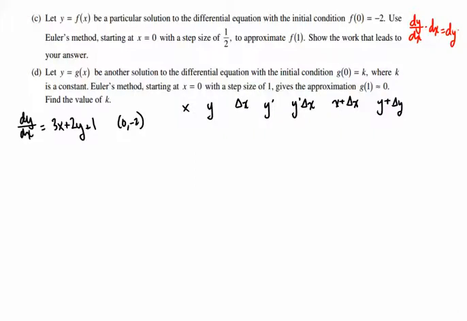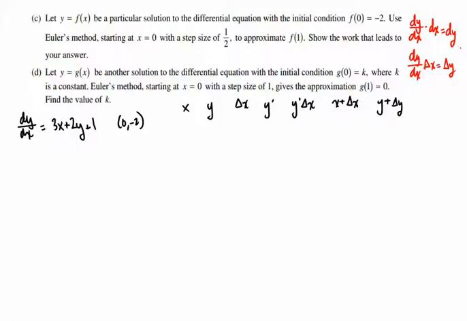Well, we're not going to deal solely with d's, dy, dx. We're going to take the derivative, which is the rate of change, and multiply that by delta x, which is any change in x, and we're going to end up with a delta y, which is a change in y.